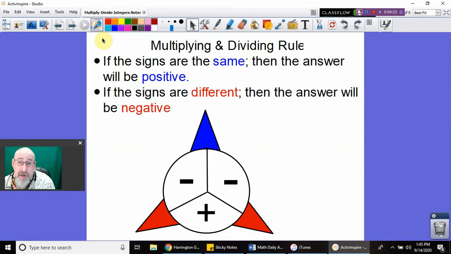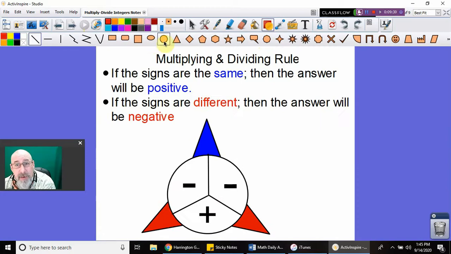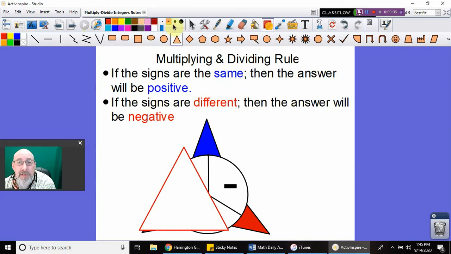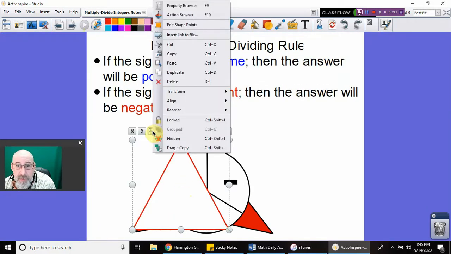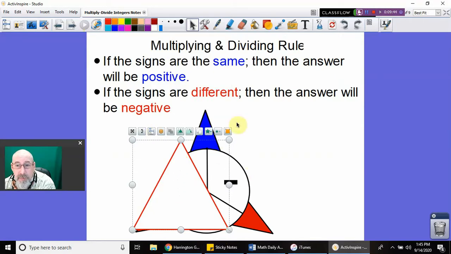And if you look at my fancy little picture down here, I can take and cover up a portion of this. Let me redo this.